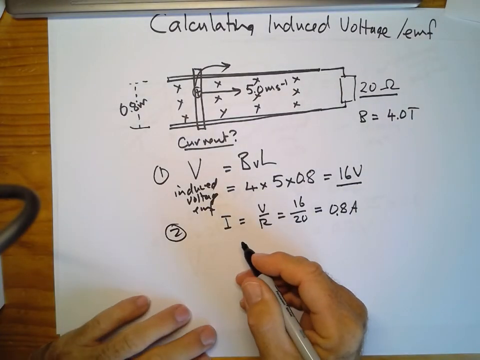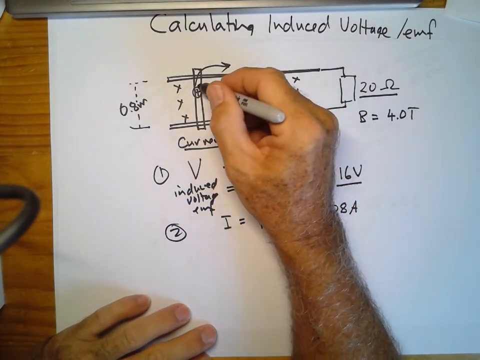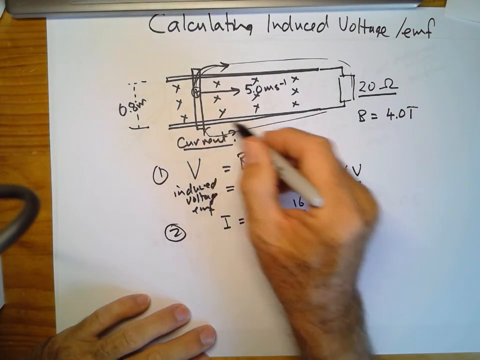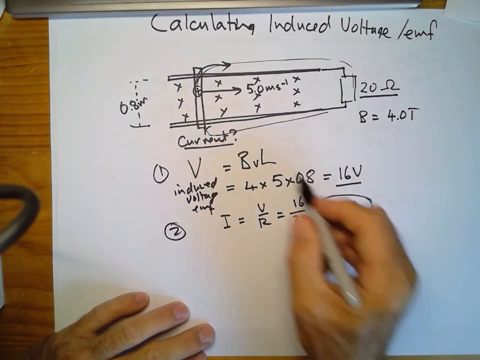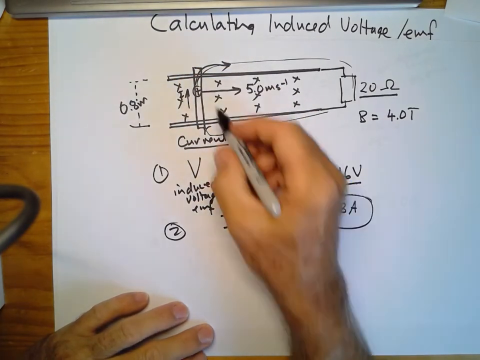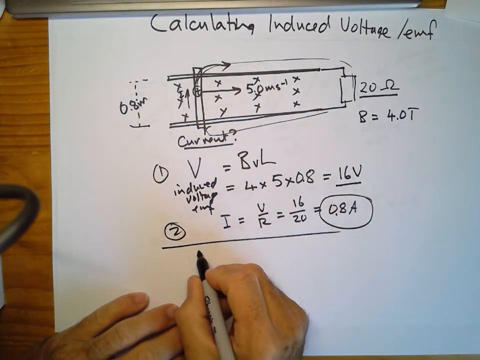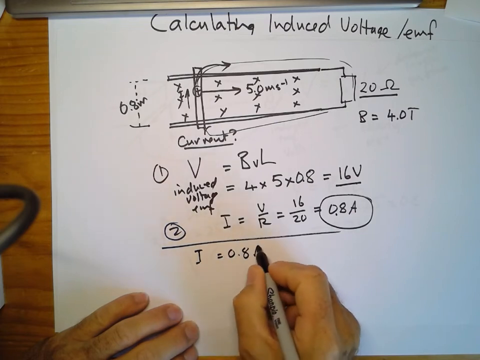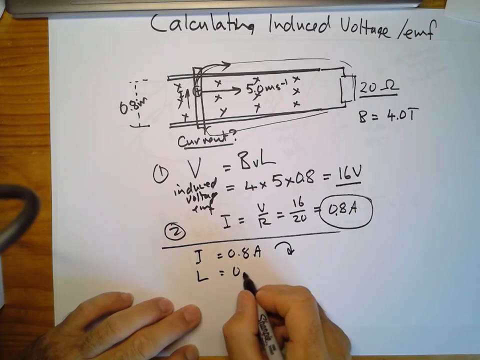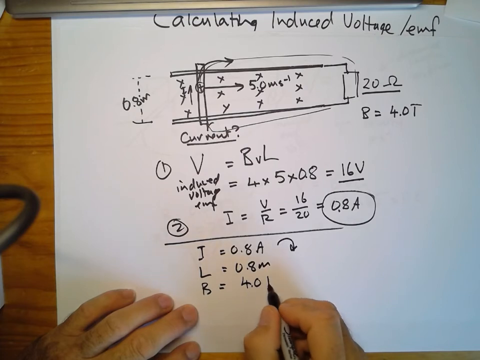Okay, so the second part of this problem is we've got a current flowing through this circuit, a current of 0.8 amp in this direction, and we've got a length of rod, so we have current equals 0.8 amp in this direction. We've got a length of rod 0.8 meters. We've got a magnetic field strength equal to 4 Tesla.